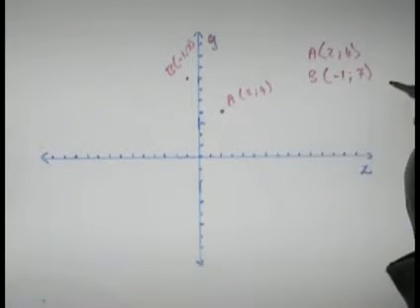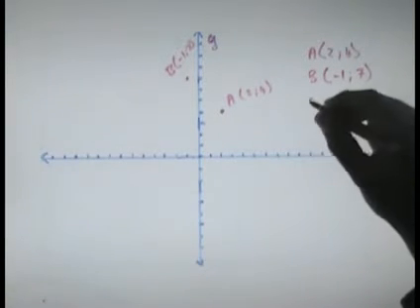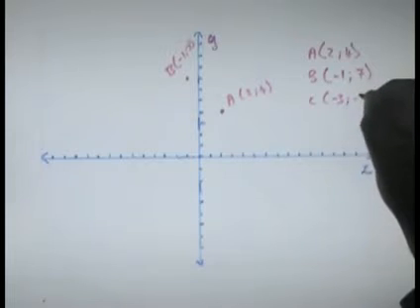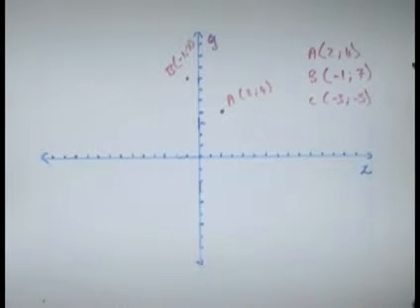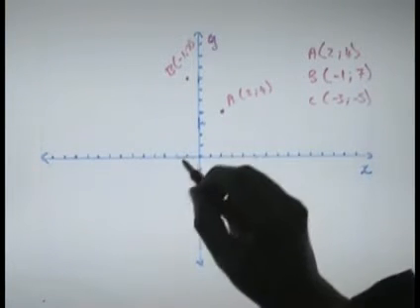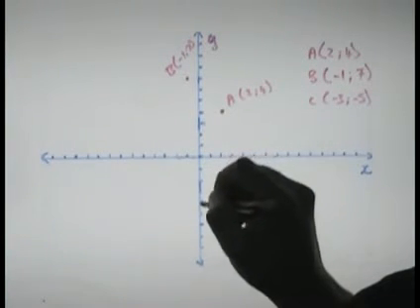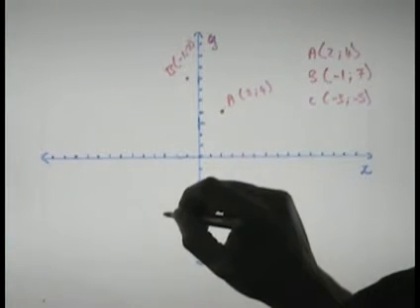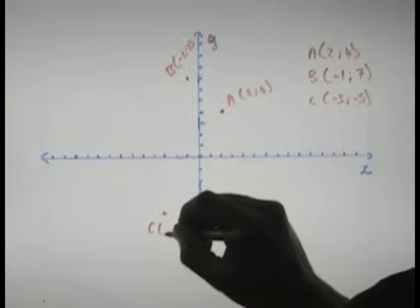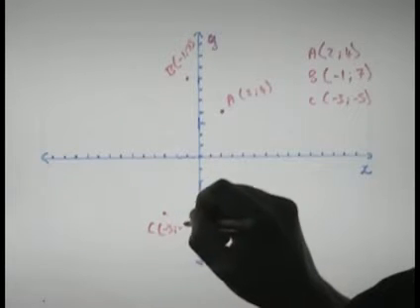Point C is the coordinates negative 3, negative 5. X is negative 3, y is negative 5, x is negative 1, 2, 3, y is negative 1, 2, 3, 4, 5. So that means that the coordinates of C are over there, which is negative 3, negative 5.